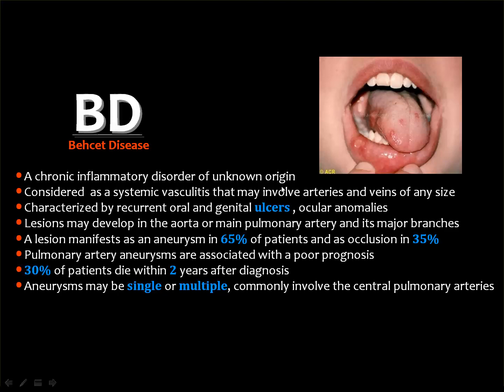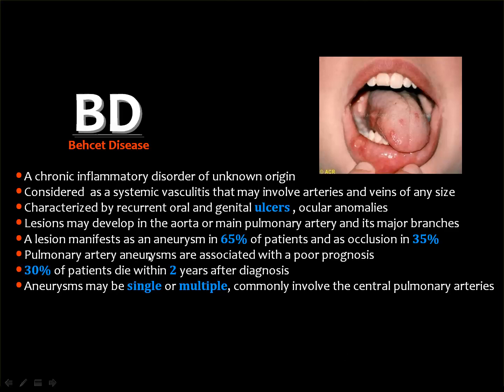Its cause is unknown, and this disease presents usually by recurrent oral and genital ulcers with ocular abnormalities. The vascular lesions include arterial aneurysms and venous thrombosis. Aneurysms incidence is about 65%, while occlusion is about 35%.